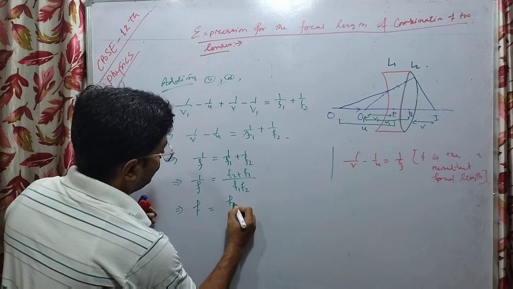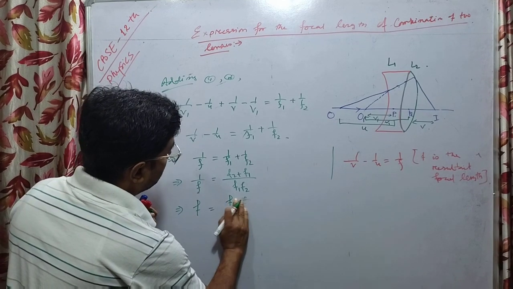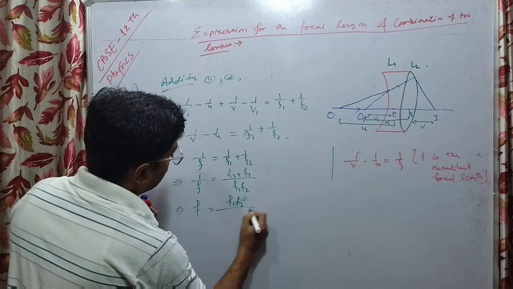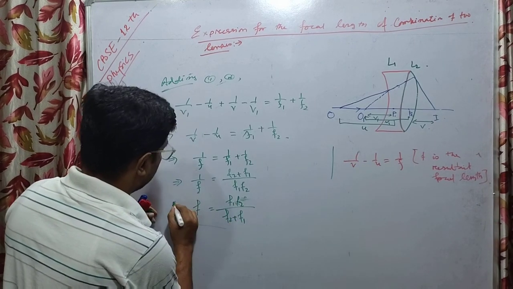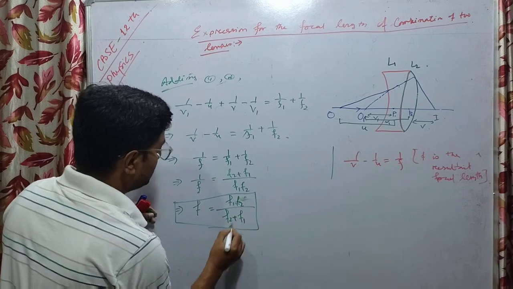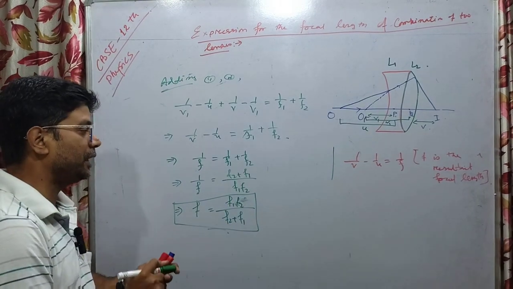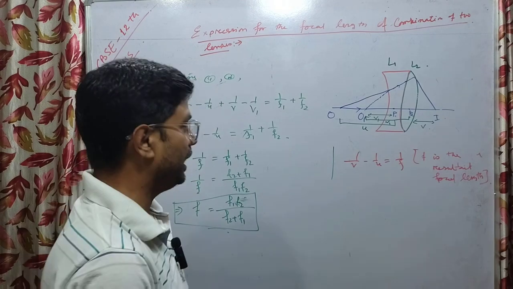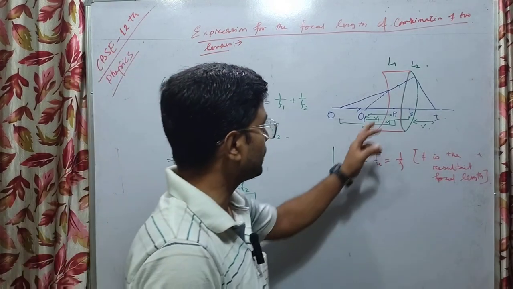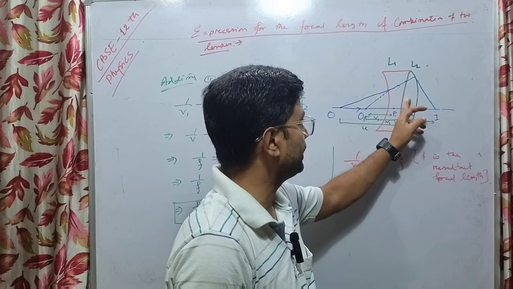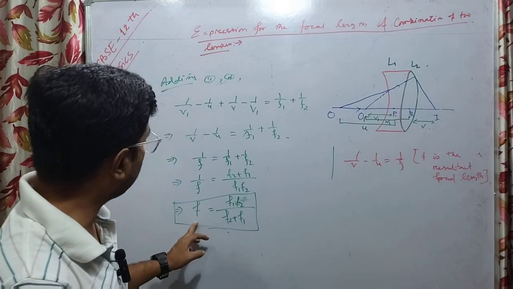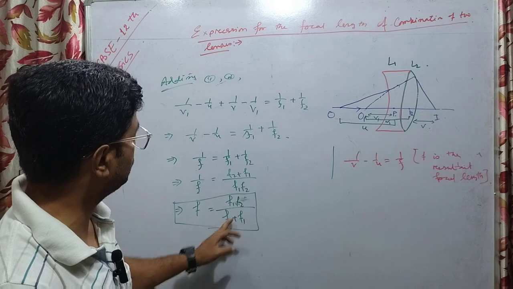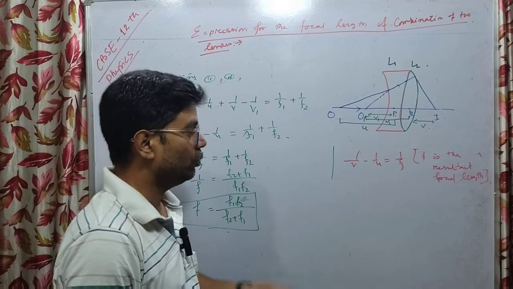F is equal to F1 F2 by F1 plus F2. Students, this is the resultant focal length of the new lens after combining these two lenses L1 and L2. Okay, that is the focal length. F is equal to F1 into F2 by F2 plus F1.